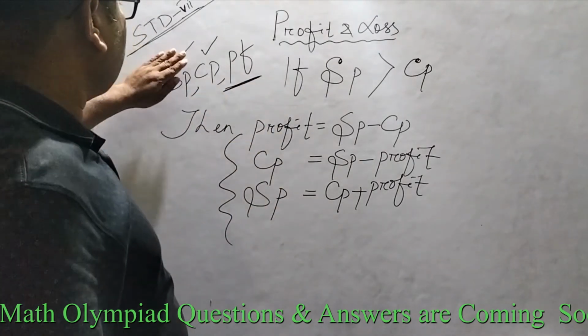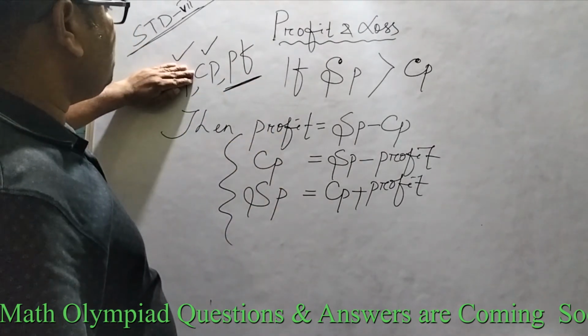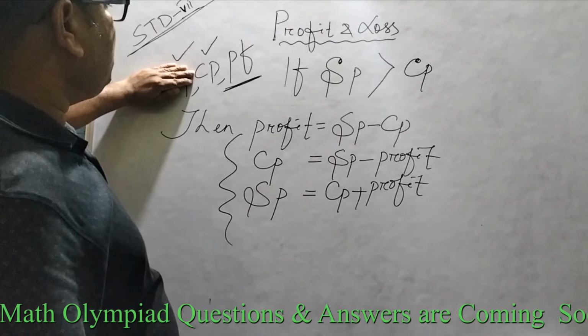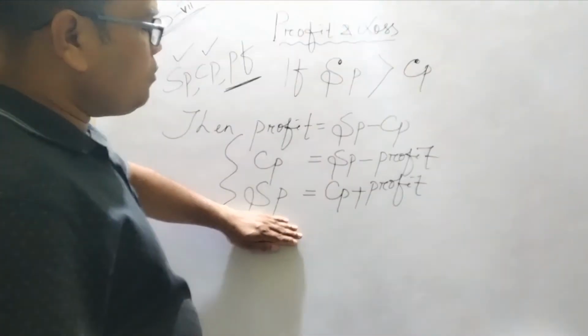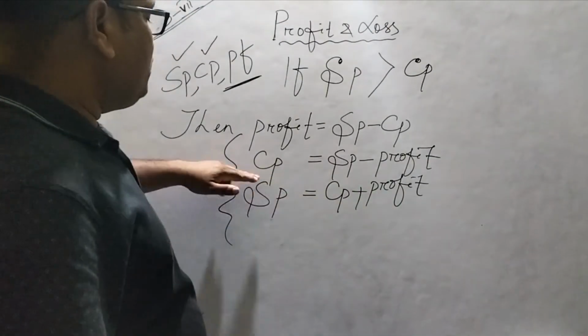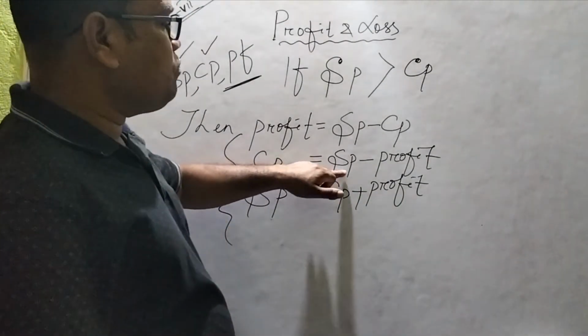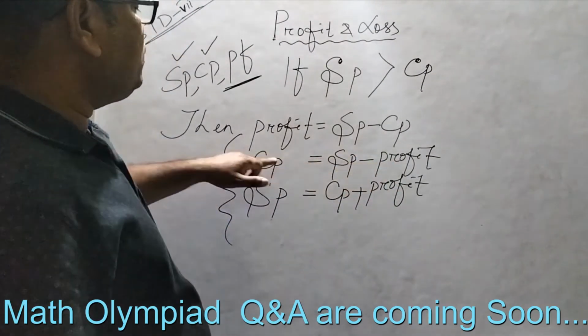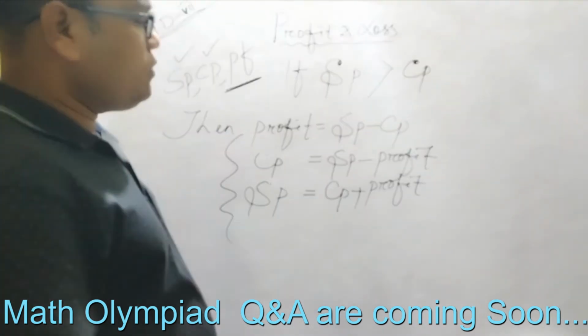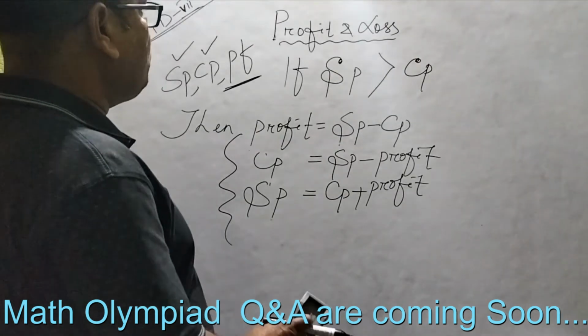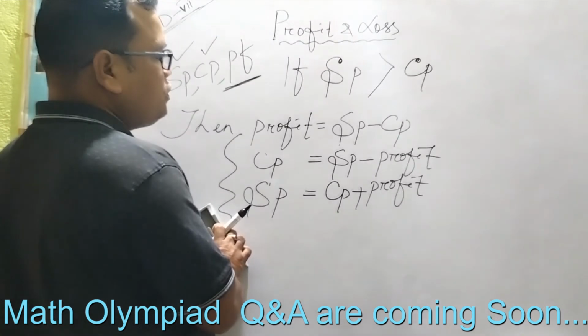So in case of finding SP, the greater amount, you have to add. In order to find the smaller amount, you have to subtract the other two things. In order to find the profit, you also have to subtract the two things. This is all about profit.